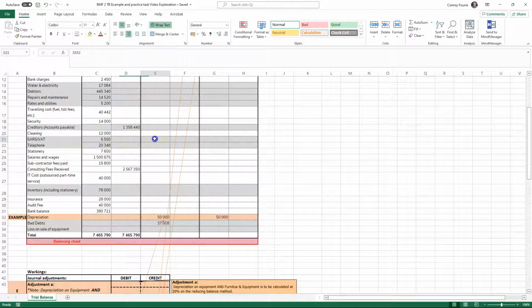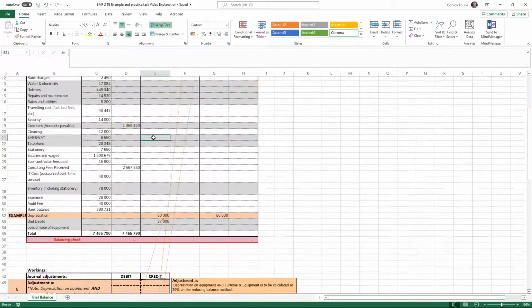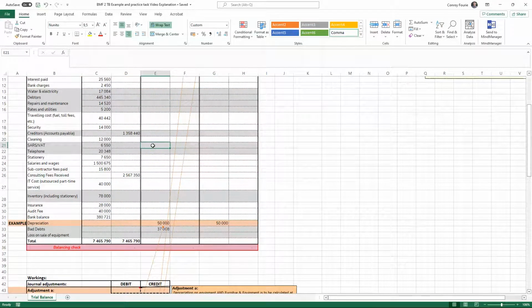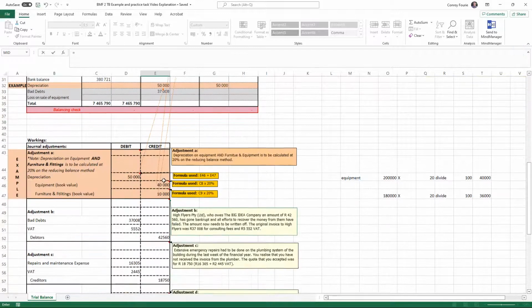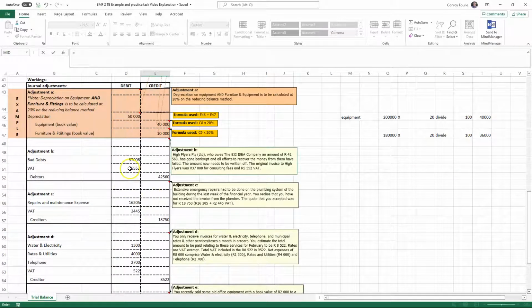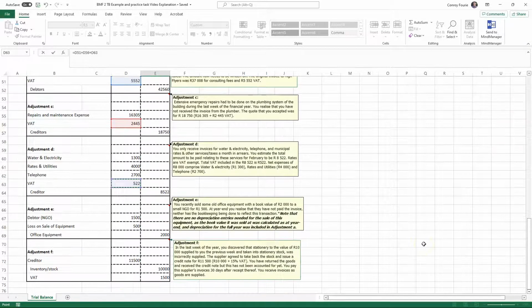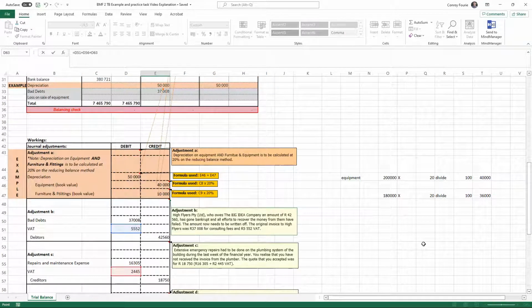Here's VAT on the debit side of the adjustments, and you start a formula equal, and then you go down to the first VAT entry, which is that one, and then you enter plus, and you go down to the next one, plus, and you go down to the next one, which is D63, and I don't think there are any others, no? And then you enter.